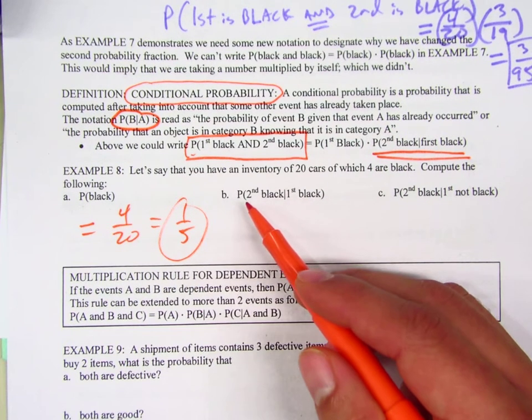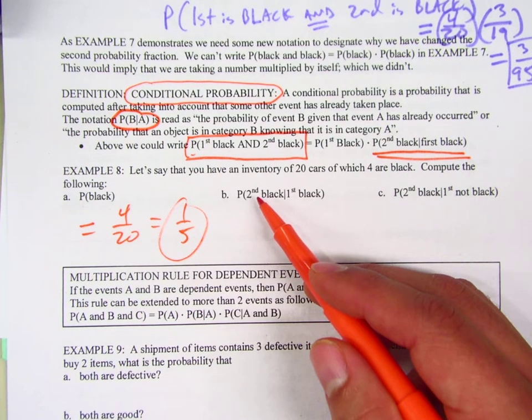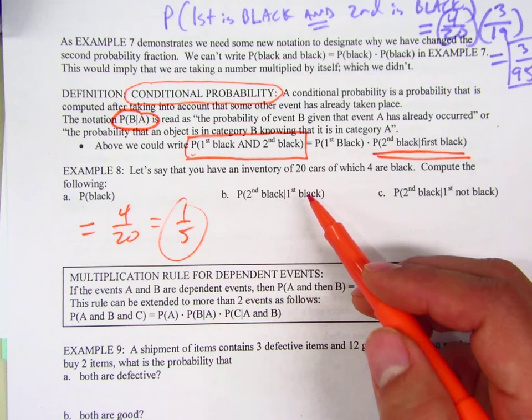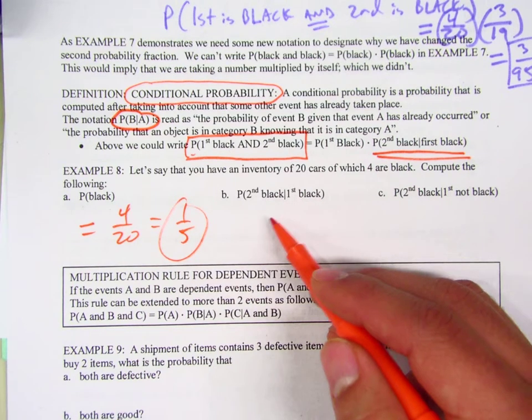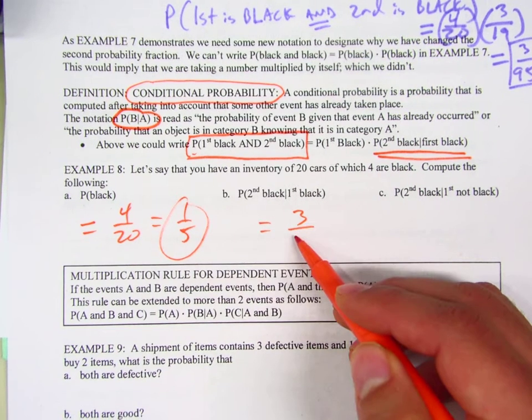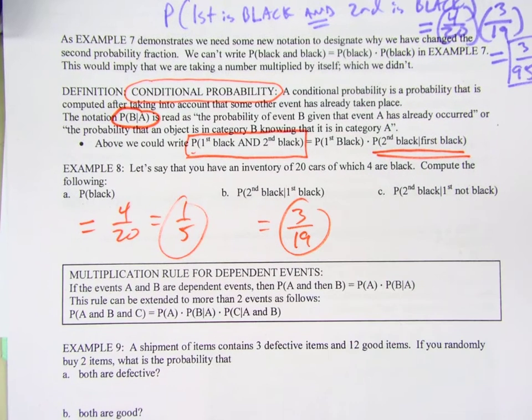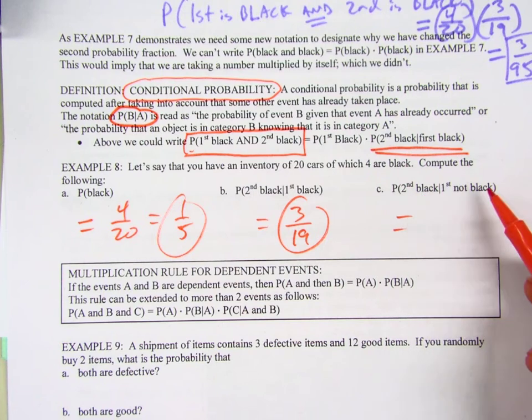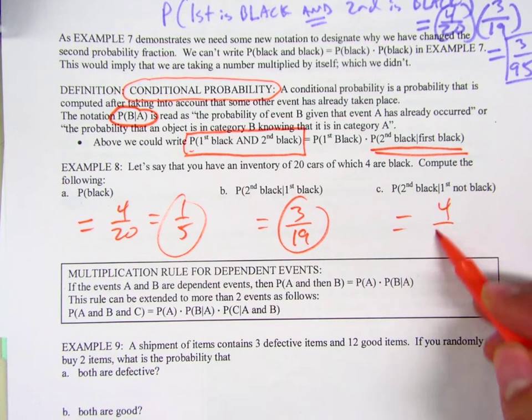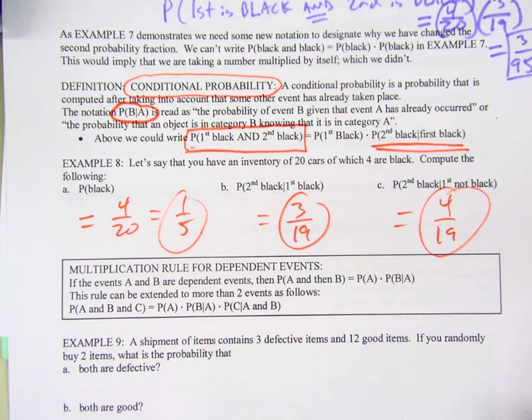What's the probability that the second car that I pick is black, given that I've already chosen a black car and gotten it out of there? 3 out of 19. Good. Everybody following that? Okay. What's the probability that I pick a second car that's black, given that the first one I chose actually was not black? 4 to 19. Very good. You guys see how to interpret that little line?